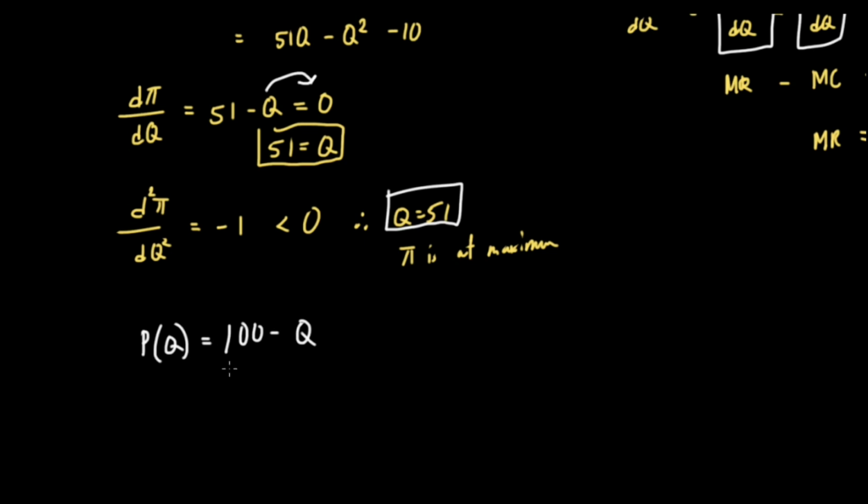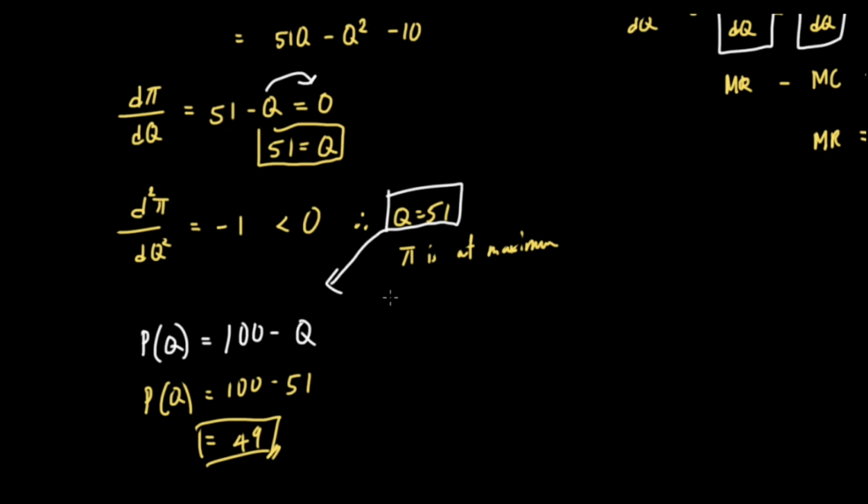So for the firm to decide how much to charge for one good, it would substitute the q it acquired from profit maximization into the inverse demand function. What the firm will find is that p of q is equal to 100 minus 51, so the firm would charge 49 units for a unit of good.